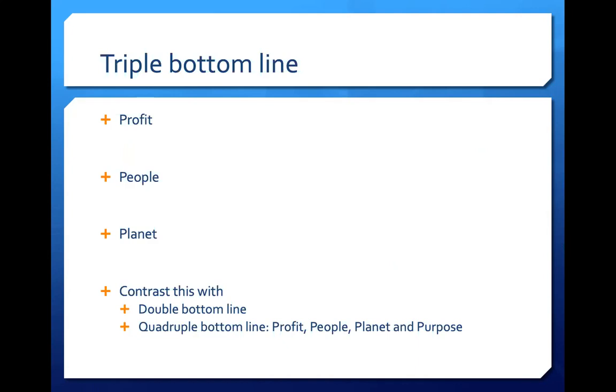In other words, the triple bottom line is about sustainable business practices. Sustainable in the sense that we can sustain the business because we are making profit, and we get support from the stakeholders like our customers and our employees, and therefore we need to be ethical in running the business.